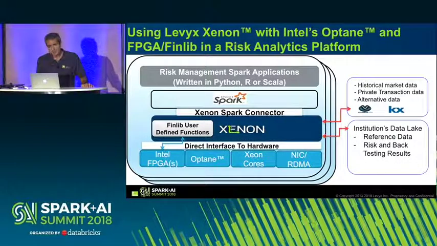So the overall architecture, as I mentioned, is like this. At the top, there is the risk management platform, the applications that banks write. The interesting thing is that they don't really need to change their application. If they have written it in Scala or Java or Python, it works fine.